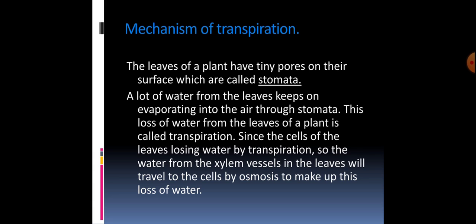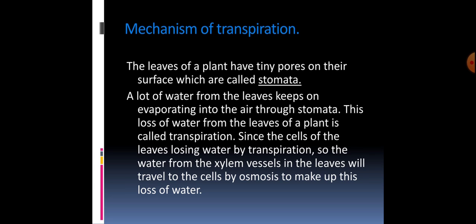Okay students, a lot of water from the leaf keeps on evaporating into the air through stomata. This loss of water from leaves of a plant is called transpiration, as I explained. Since the cells of the leaves are losing water by transpiration, the water from the xylem vessel in the leaves will travel to the cells by osmosis to make up this loss of water. What will happen now?